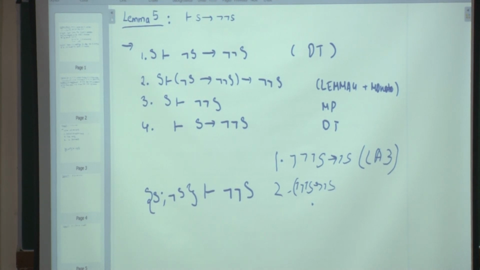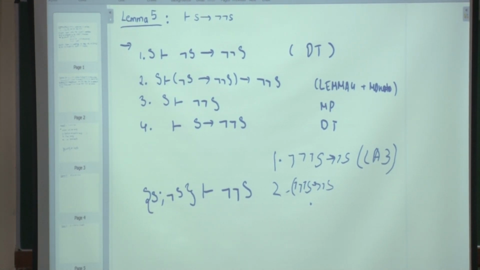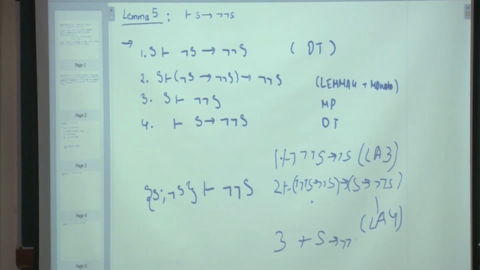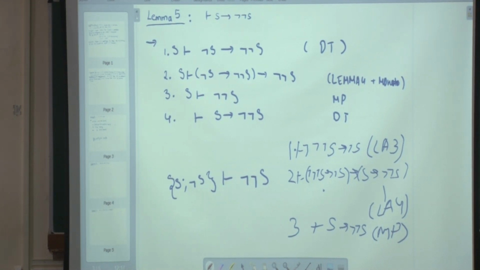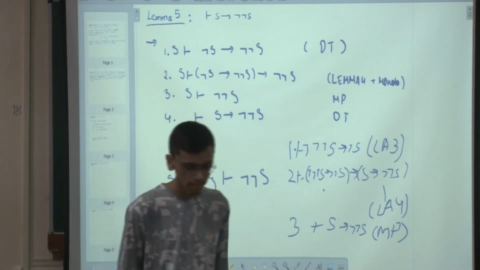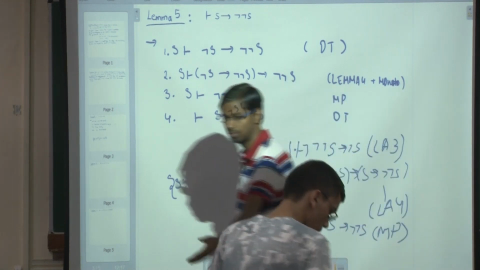You are not using the symbol of turnstile. Very good. So this is a 3-line proof.